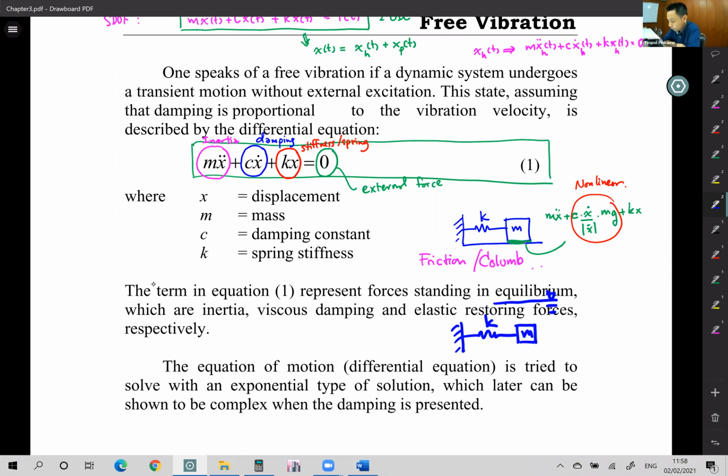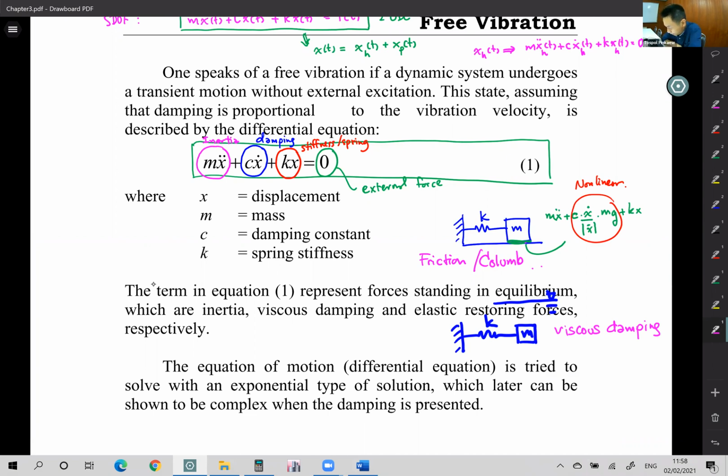We call this viscous damping, not friction or Coulomb damping, but viscous damping.